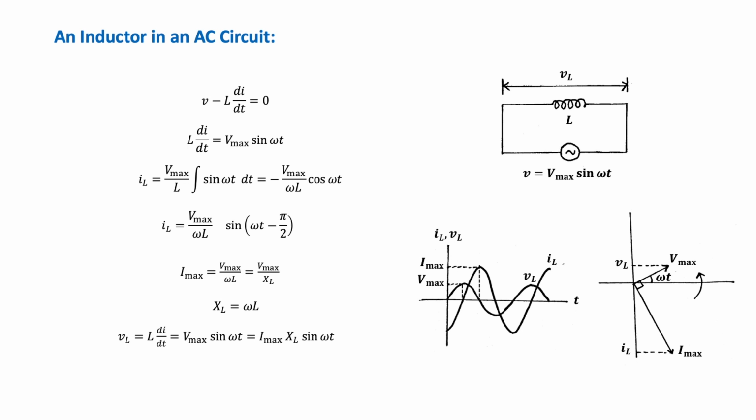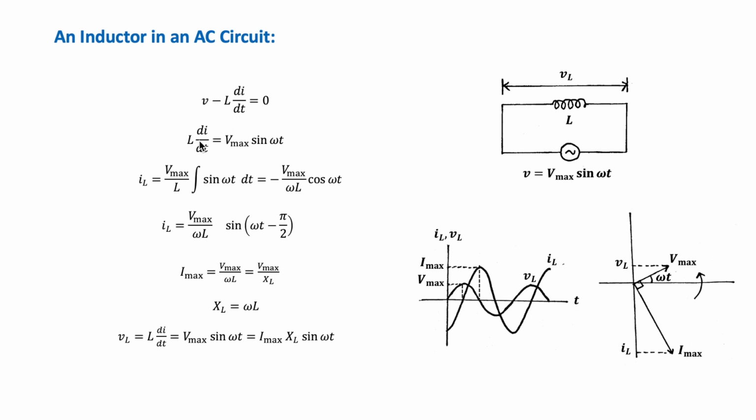So let's consider now an AC circuit that consists of an inductor connected to an AC generator. If we apply Kirchhoff's rule to the loop, and since the induced electromotive force in the inductor is L di over dt, then we get V minus L di over dt is equal to 0.